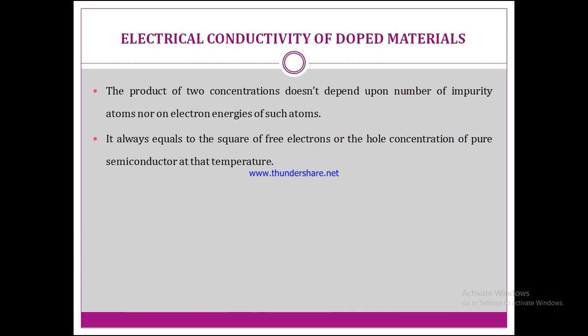The product of the two concentrations doesn't depend upon the number of impurity atoms nor on the electron energies of such atoms. It always equals the square of the free electron or hole concentration of the pure semiconductor at that temperature.